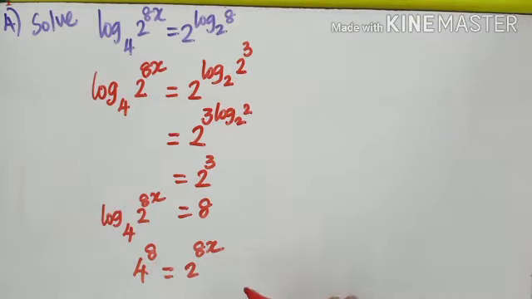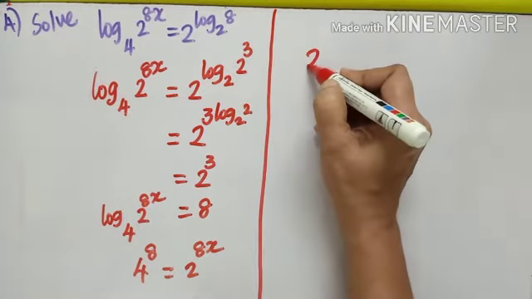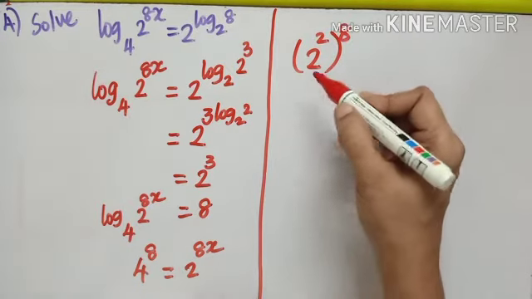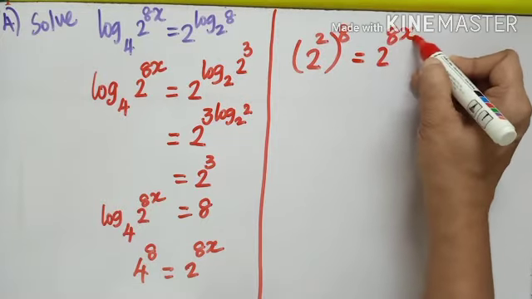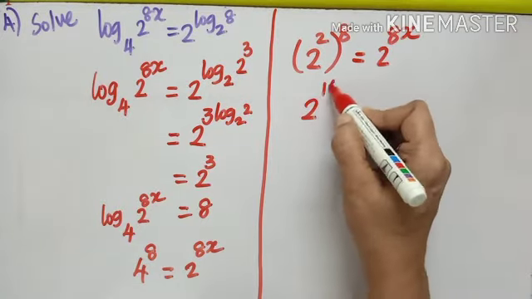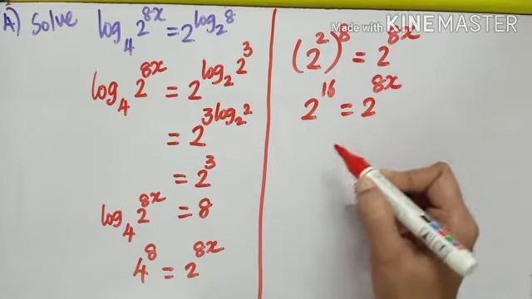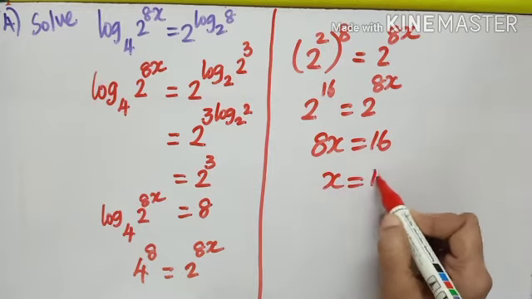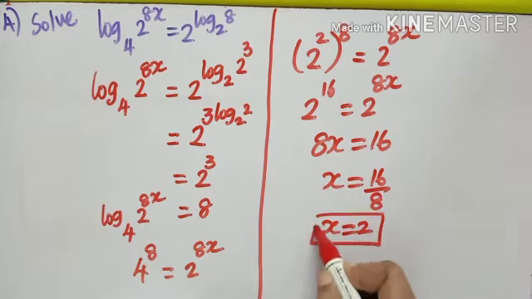Express the same base. 4 can be written as 2 power 2, the whole power 8, times 2 power 8x. 2 power 16 is 2 power 8x. Cancelling the same base, 8x equals 16 or x is equal to 16 by 8, which reduces to 2, and that is the answer.